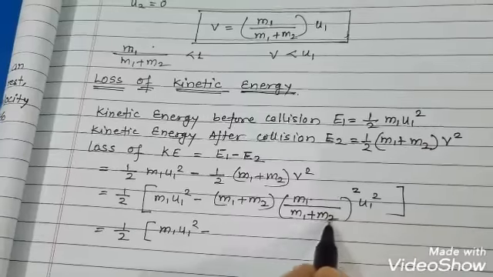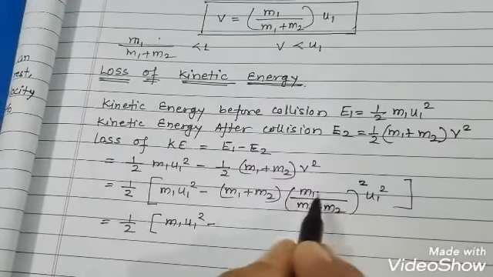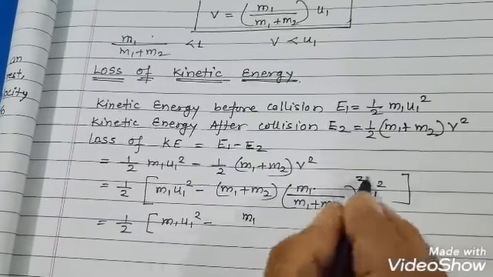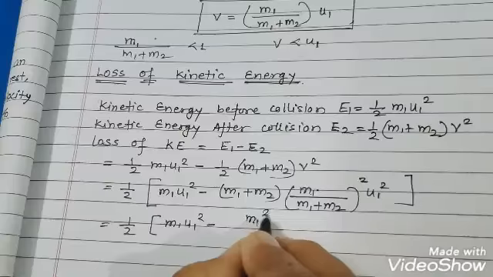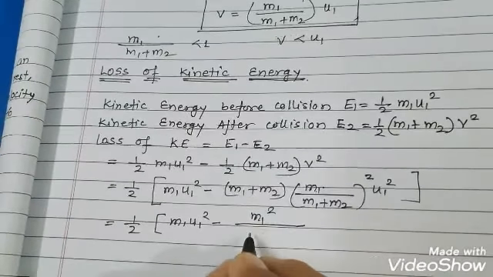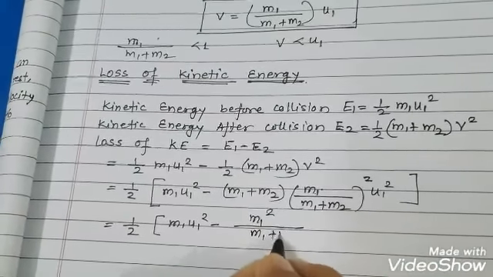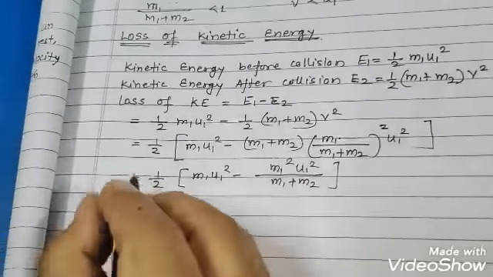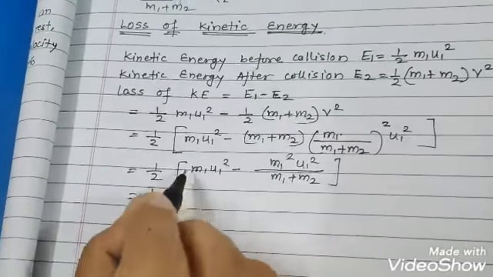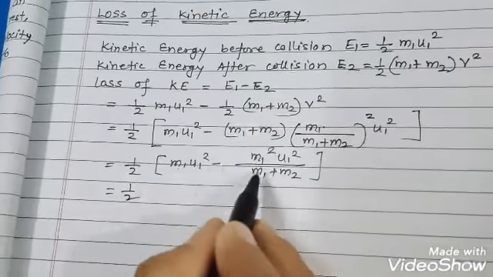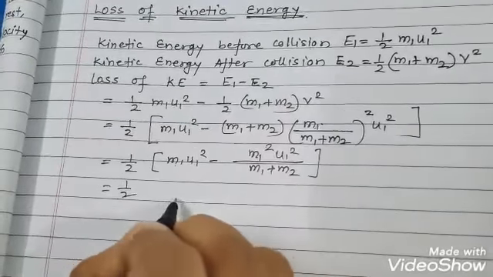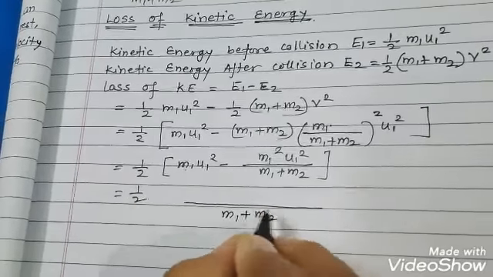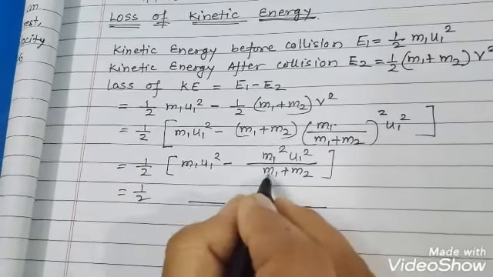Because it is a squaring, one term will be cancelled only, so another term will remain. That is m1 square u1 square upon (m1 plus m2). Now we'll find half, and multiply m1 u1 square with this denominator, so we are taking the LCM here. This is m1 plus m2, so this term will be multiplied with m1 first.